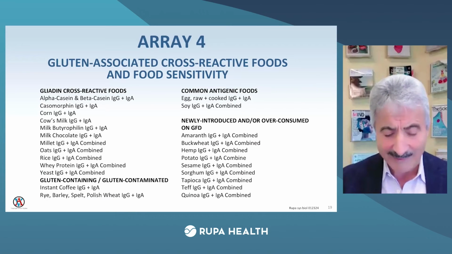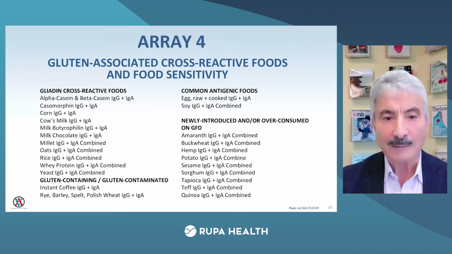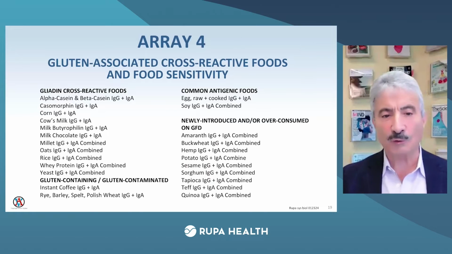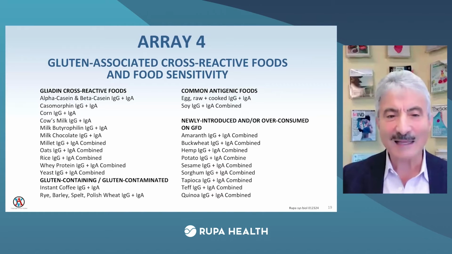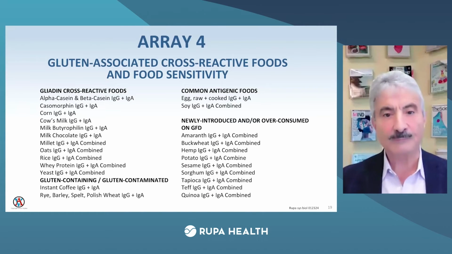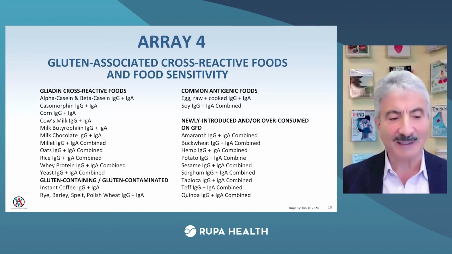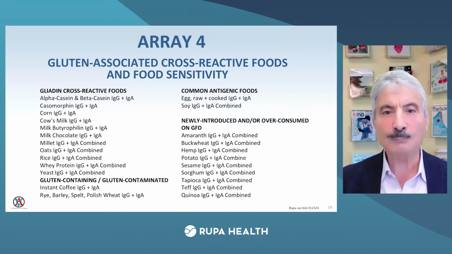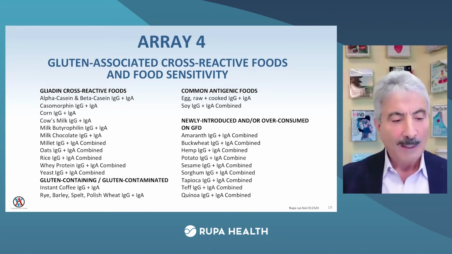Furthermore, because we have shown that gluten and other wheat proteins cross-react with many other foods, we also have to test against cross-reactive foods, for example alpha casein, beta casein, casomorphin, milk butyrophilin, and others such as corn, millet, oats, rice, and whey protein.